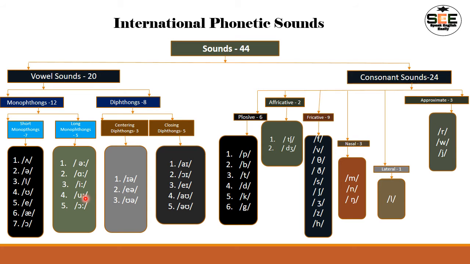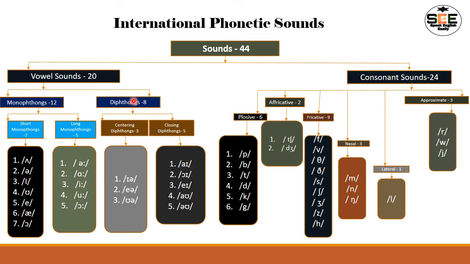Okay, so again I would like to repeat these sounds. Number one, number two a, number three e, number four oo, number five o, right? So we already discussed seven short monophthongs and five long monophthongs. I hope you understood this. So let's go to the next one.